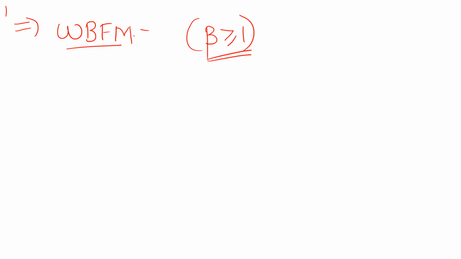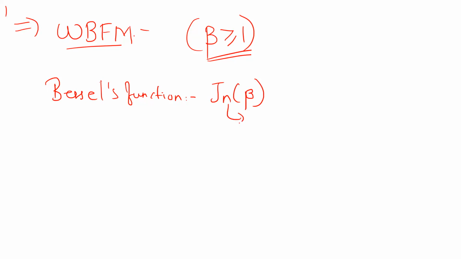Now, in case of wide band pass FM, we have something called the Bessel function. You need not know it in depth, but know the basics, and how we denote it. We'll use this a lot in wide band pass FM.